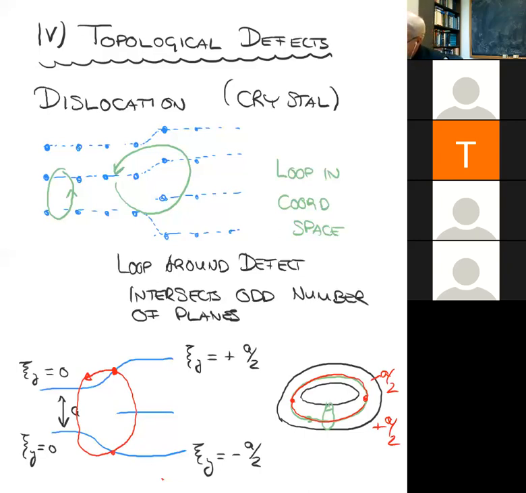So if I follow this loop, I go all the way around this torus. So a loop in coordinate space that goes around at this location is a loop in order parameter space that goes once around the torus. So this here is order parameter space.